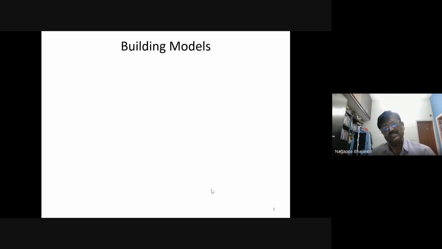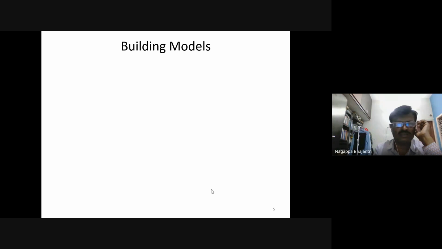In view of this, we are going to build a model for such defects or camouflage, or the foreground obscured in the background, which will fail to be identified by the human visual system, which will be confused. In that sense, there are plenty of models that have evolved in the literature.